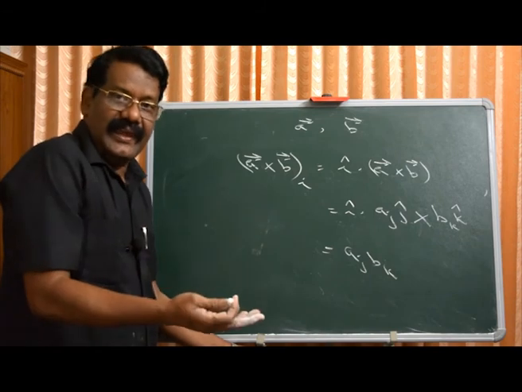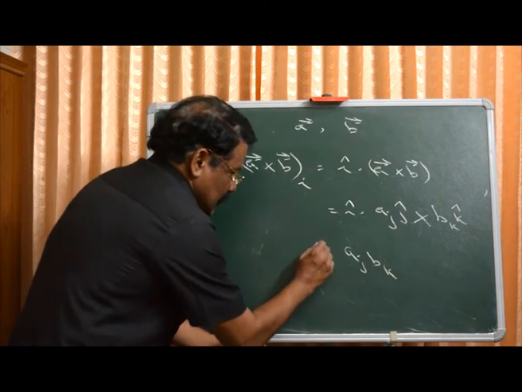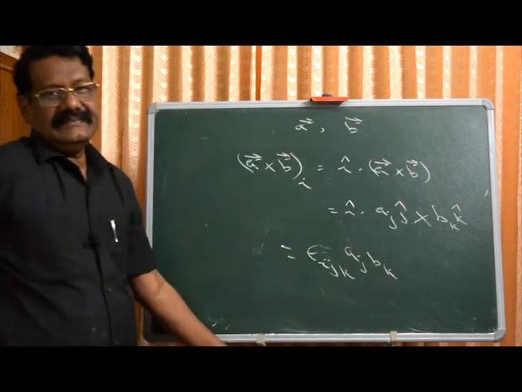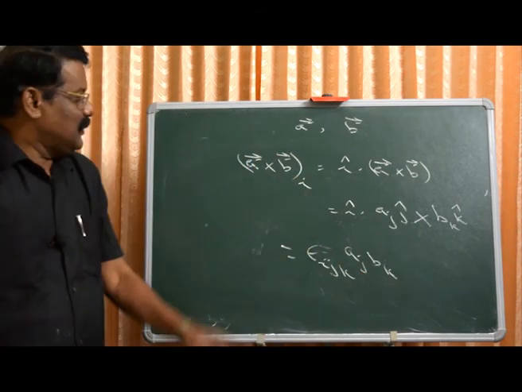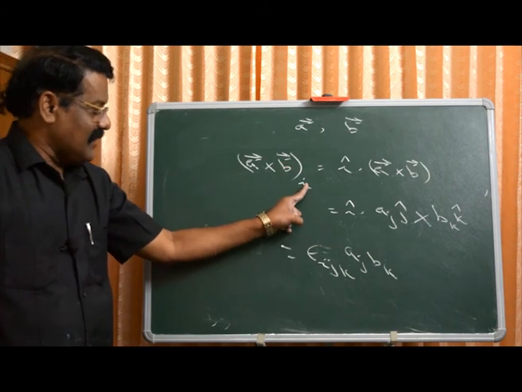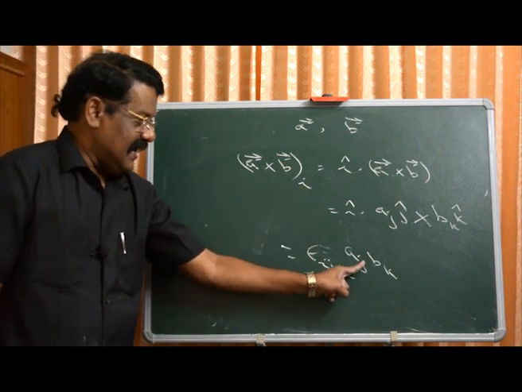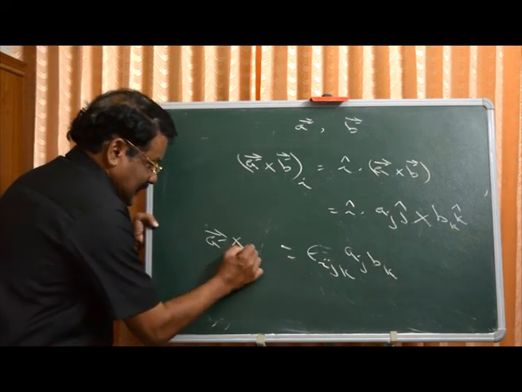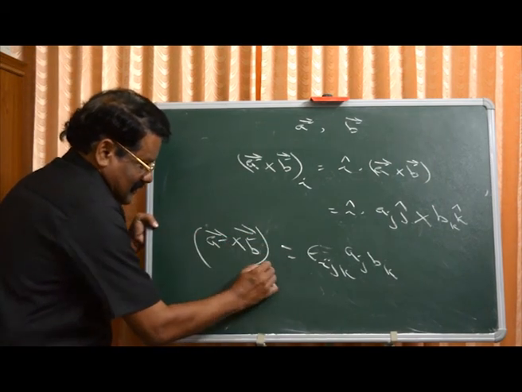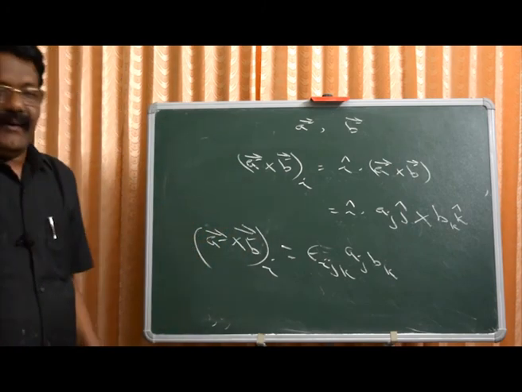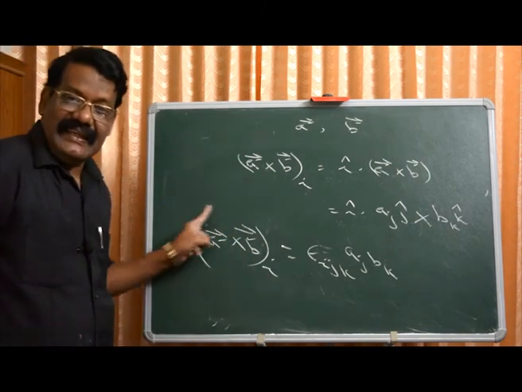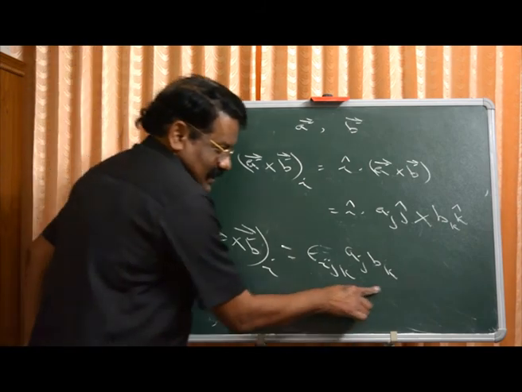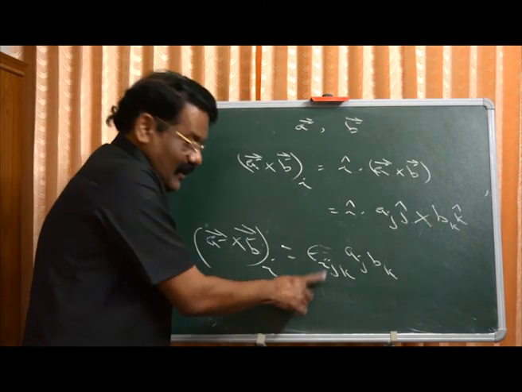i dot j cross k is epsilon ijk. So epsilon ijk. This is the result. So A cross B, ith component can be written as epsilon ijk Aj Bk. Again checking, tensorial checking. On the left hand side, we are seeking the ith component, only the ith component. Look at this.